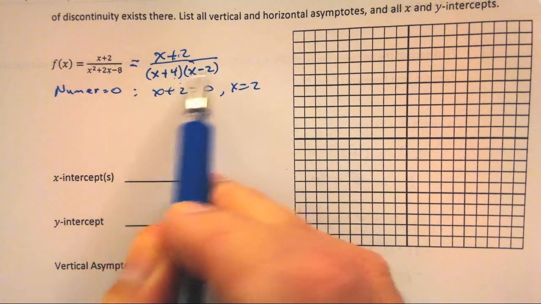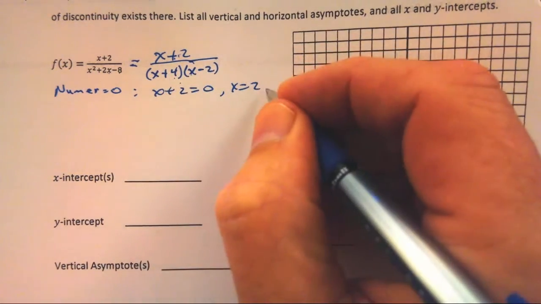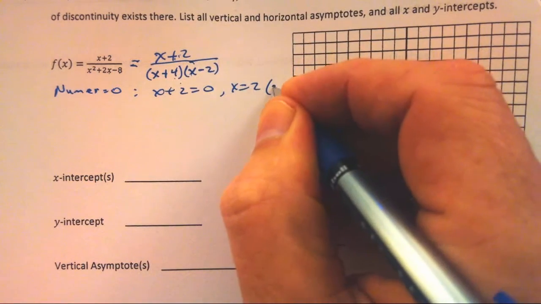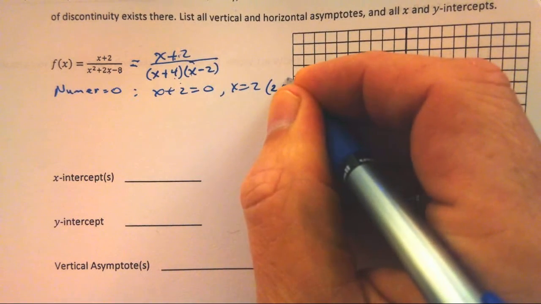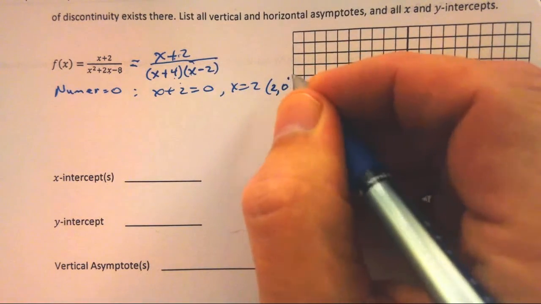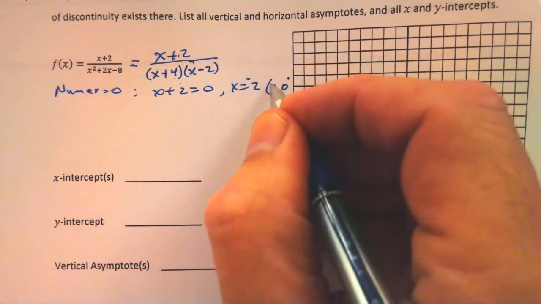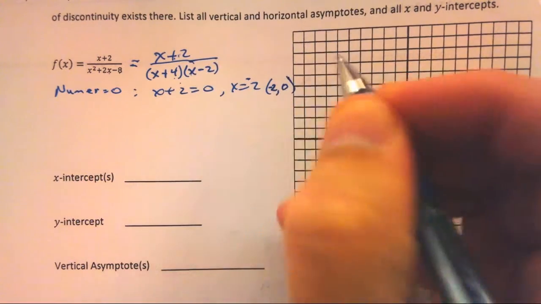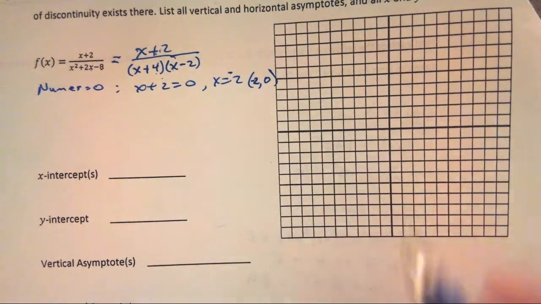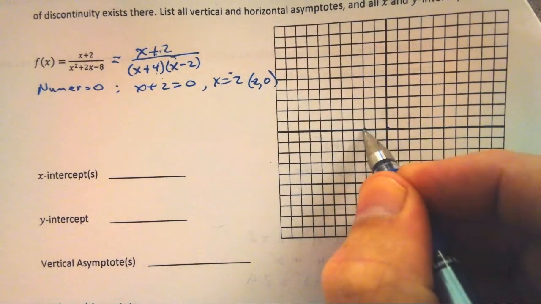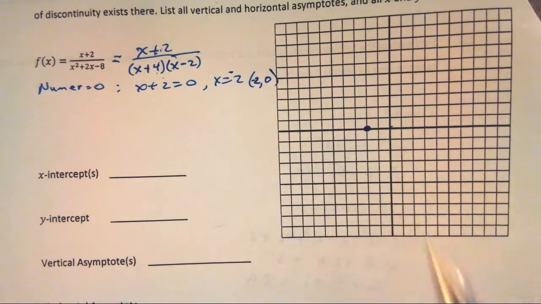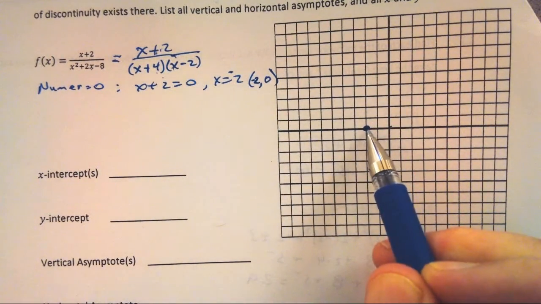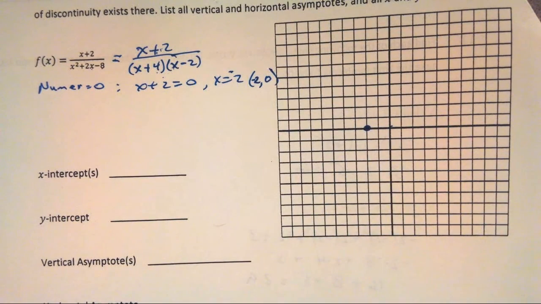And since I don't have an x plus 2 factor on the bottom, this leads us to the point negative 2, 0, which is on our graph. And I like to say, well, that's a 0 of the function, but the important thing is that is not just a 0, that is the only 0.